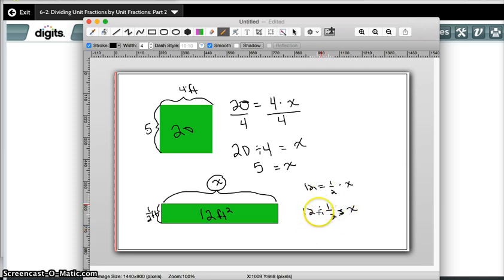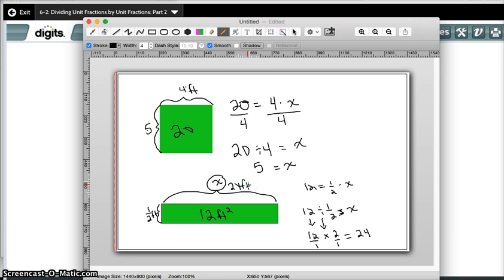Okay, so then we're going to freeze, change, flip. We freeze the 12. We change this to multiplication. And then we flip the 1/2 to 2 over 1. Well, 2 over 1 is the same as 2, and 12 over 1 is the same as 12. So I can just do 12 times 2 is 24. So this length up here is 24 feet.